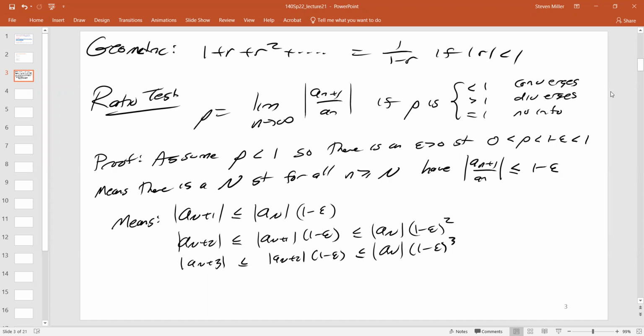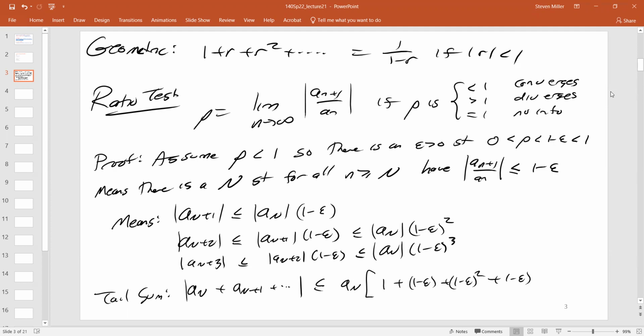And so the tail sum, if we looked at a_{n+1} plus dot dot dot, that's going to be less than or equal to |a_n| times (1 + (1 - epsilon) + (1 - epsilon)^2 + (1 - epsilon)^3 + dot dot dot). What kind of series is that?